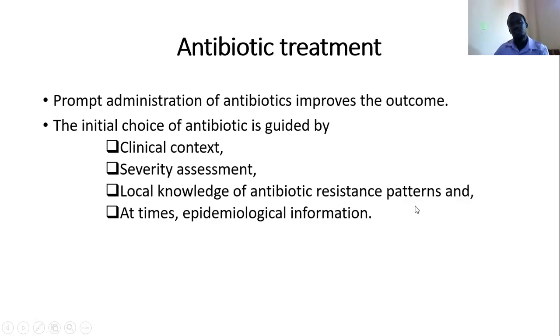Also local knowledge of antibiotic resistance patterns, and at times epidemiological information. There are some antibiotics that do not work in the West, but here in Africa they work. But the bottom line is prompt administration of antibiotics improves the outcome.